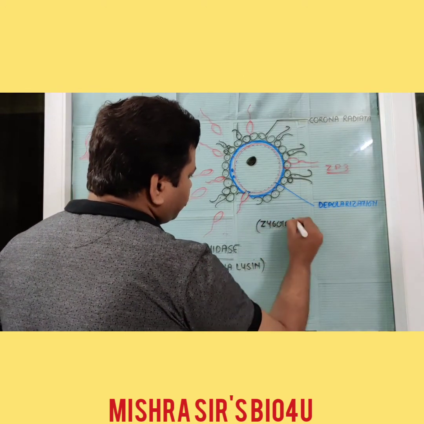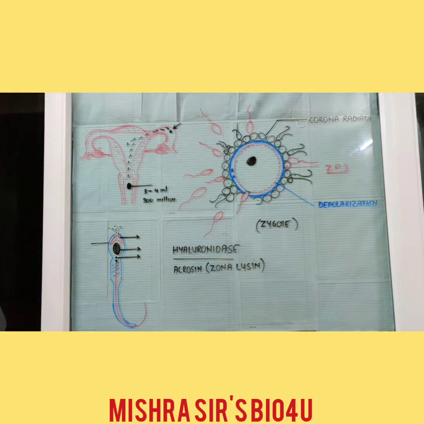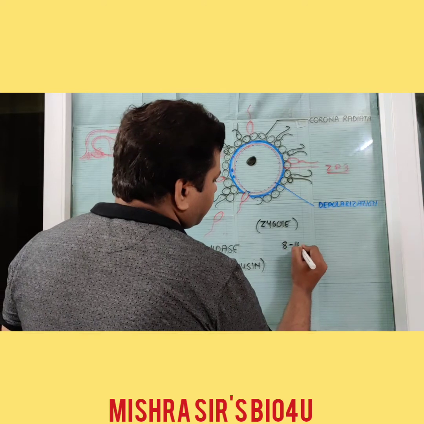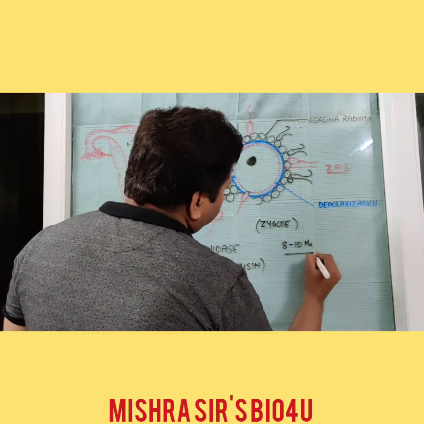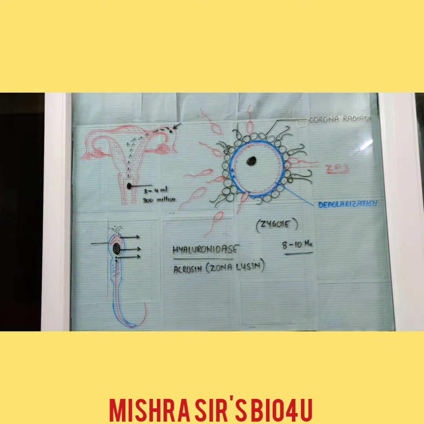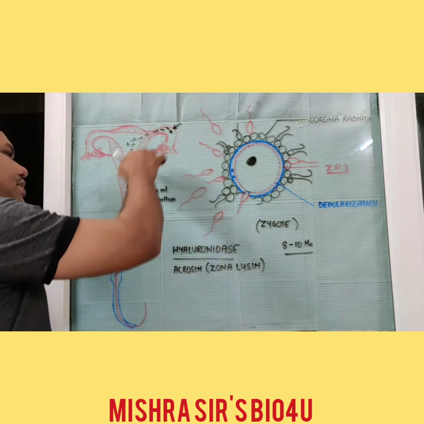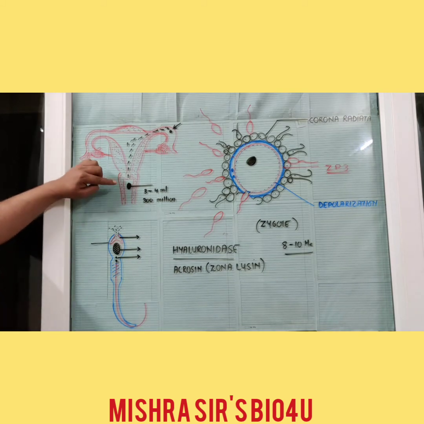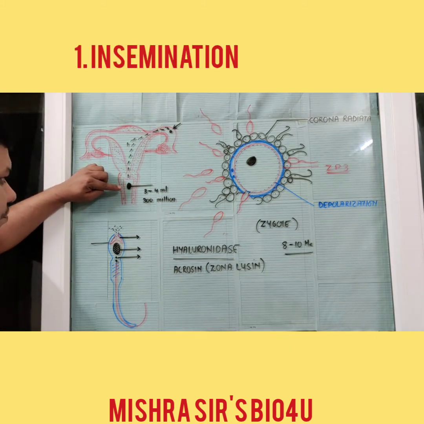The entire process of fertilization takes place roughly around 8 to 10 hours after sexual intercourse. Remember, the major time period goes for capacitation, which takes around 4 to 6 hours. Without capacitation, sperm will not have the capacity to fertilize. So I will brush up again. What are the steps? First step was insemination.